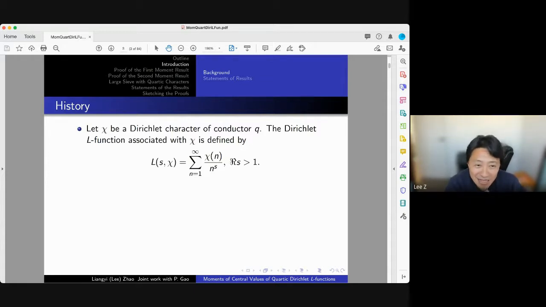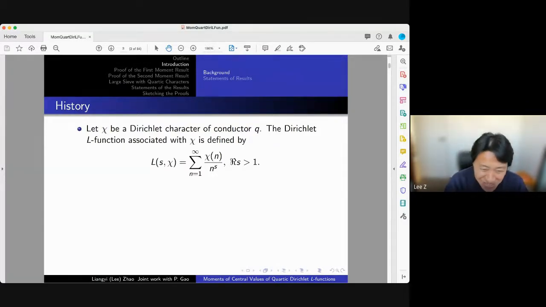Okay, so let chi be a Dirichlet character of conductor q. If you don't know what that is, it's basically a homomorphism from (Z/qZ)^*, and you extend that periodically to the entire set of the integers. The conductor q is basically the modulus of this character chi. We say conductor because we want to assume that chi is primitive.